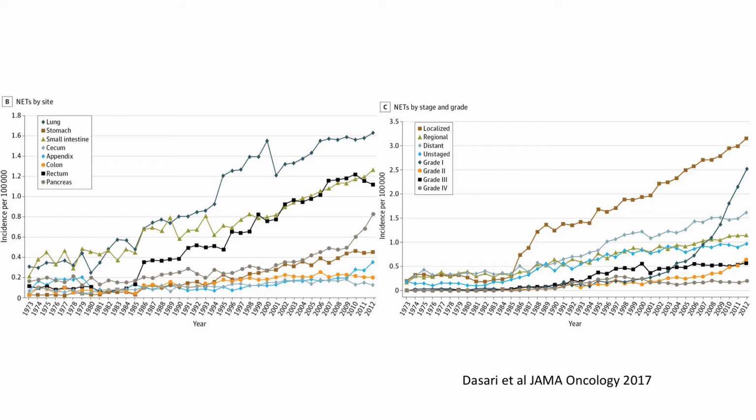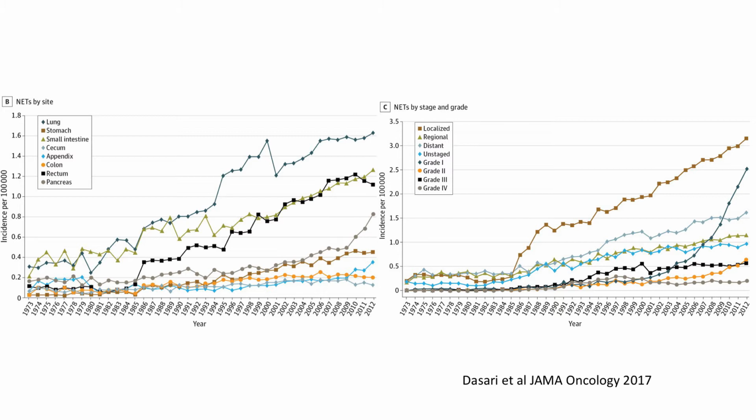What do we know about NETs? What's important? Well, how we treat them is governed by a range of factors, some of which have helpfully been pointed out by earlier speakers. One of the key things here relates to the location of the tumour, and the graph on the left shows you the rising incidence of various locations of neuroendocrine tumours, and on the right side, importantly distinguishing the increase or changes over time in a couple of factors.